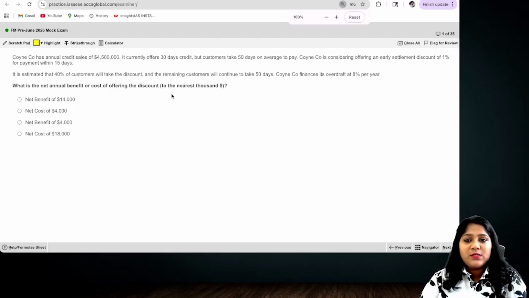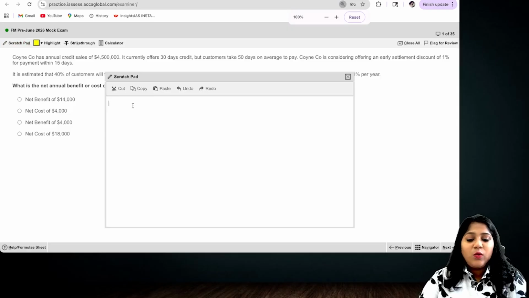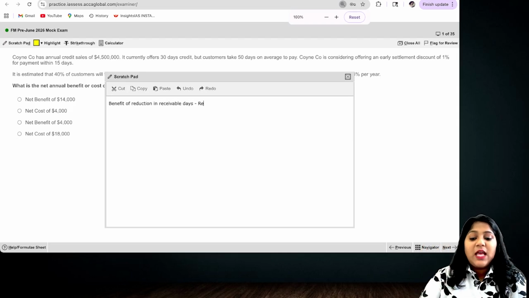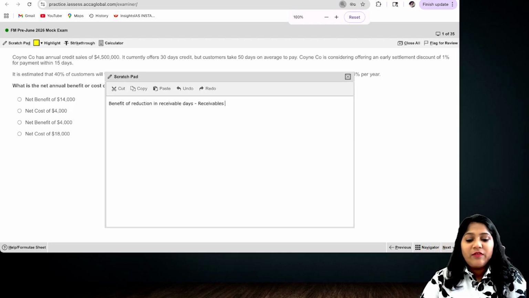Before I go ahead, first, what is the benefit? What is the benefit of reduction in receivable days? See, guys, you need to understand, when receivable days reduce, the receivables value also reduces.